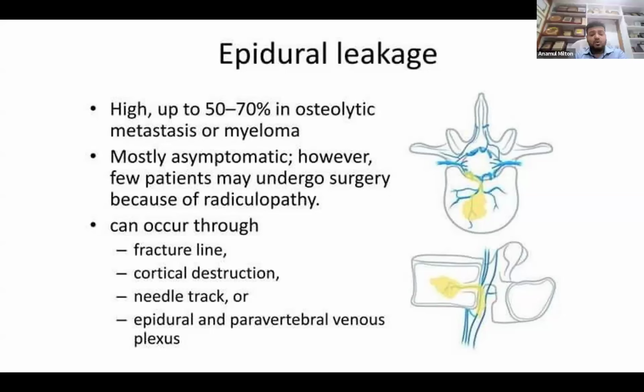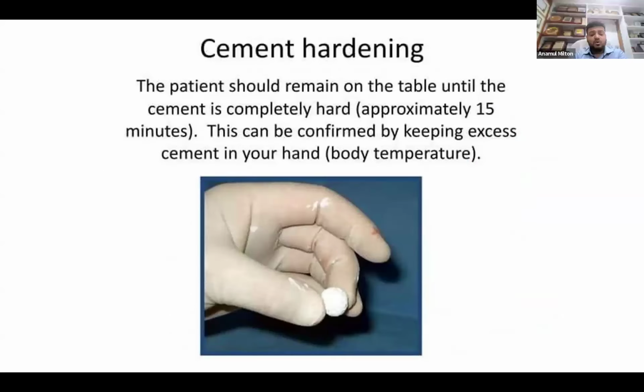It never creates so much problem. If it is more, then it may create a problem. So it depends on the consistency of the cement you have made. If it is more liquid, the chance of cement migration through the venous plexus is very common.